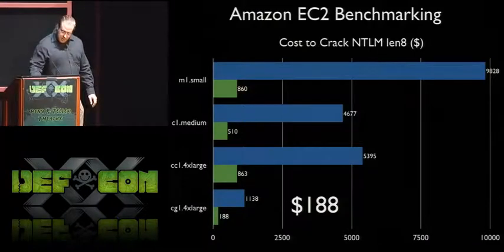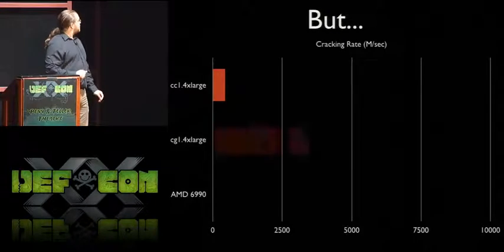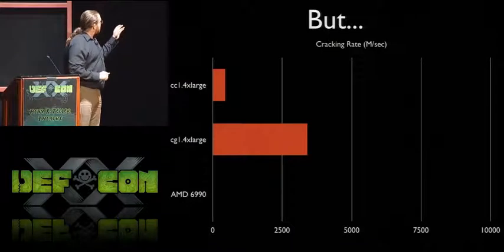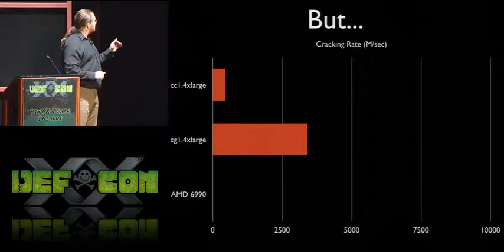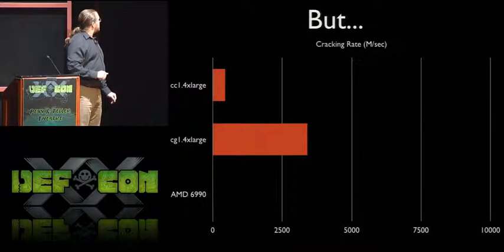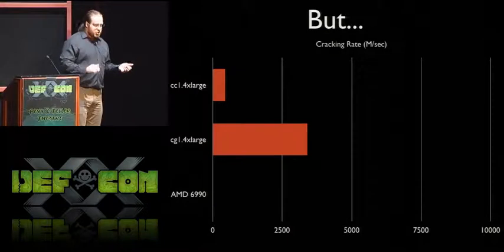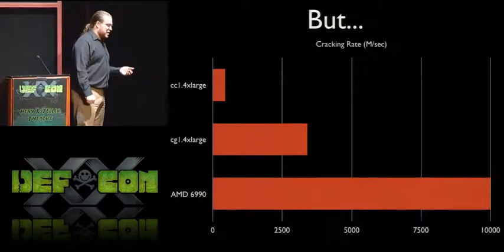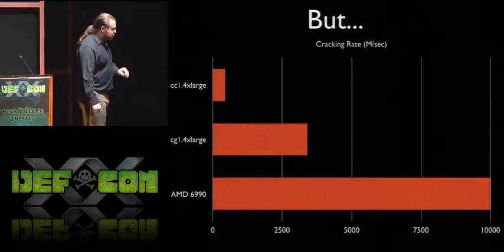We've also heard that AMD is a whole lot better for password cracking. So let's take a look at some numbers. The CG1 or the GPU instance for EC2 can do about 3,400, or 3.4 billion, NTLM a second. Unfortunately, on the same workload, an AMD 6990 does 10 billion per second and change.